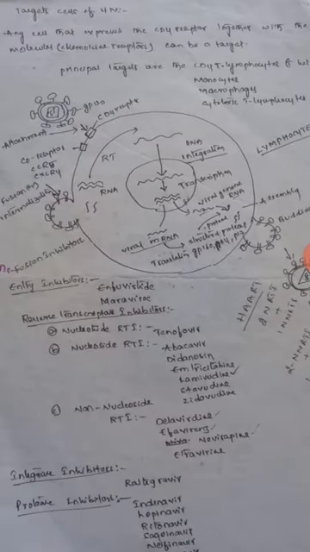So this is the life cycle of HIV. First I will discuss the structure of the HIV particle. HIV consists of two single stranded RNA genome. Along with the RNA, it contains three essential enzymes such as reverse transcriptase, integrase, and protease enzyme.